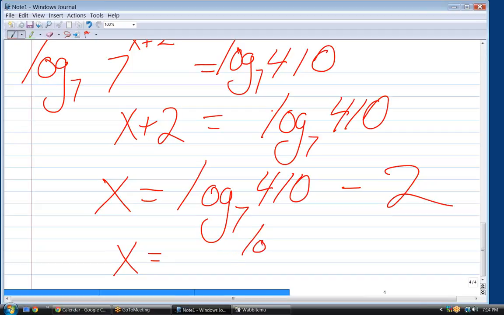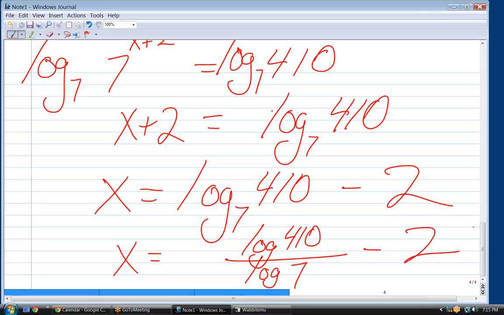Log 410 divided by log 7 minus 2. Like that. Okay. And what base is this log? Which one? What base?